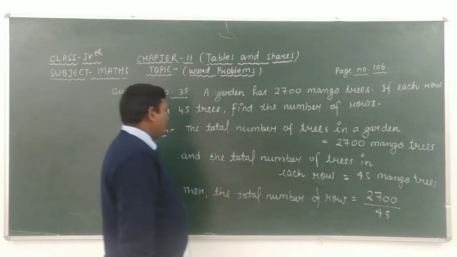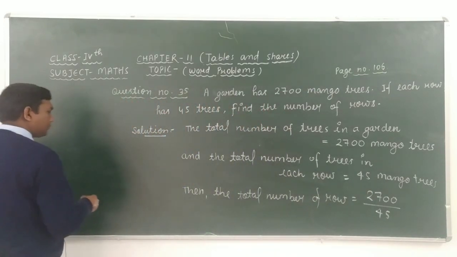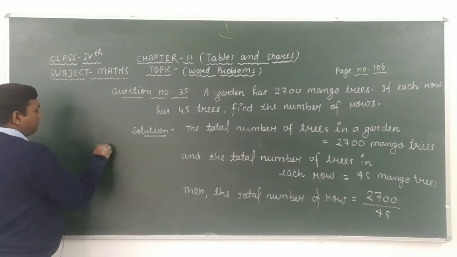Okay students, look here carefully. Here we have to take the division of 2700 by 45.